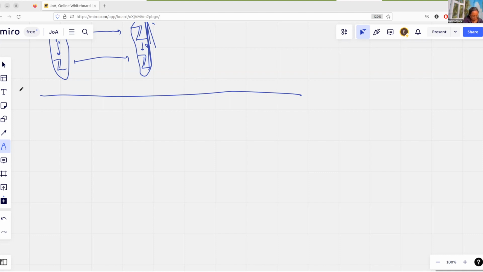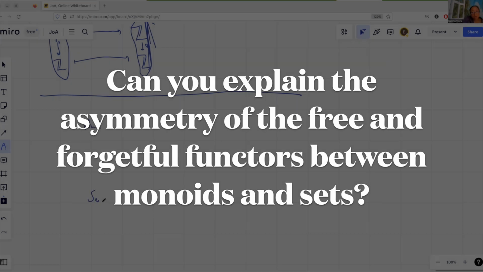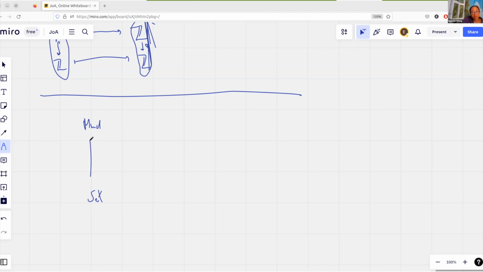This next question is quite long, but I think it's to do with the free and forgetful functors from monoids to sets. So we have a free functor, we have a forgetful functor, which is often called U for underlying. And what this question is saying is that if you start with 1, then that's only got 1 element.